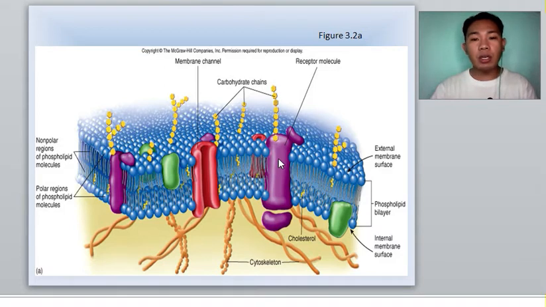This functions mainly for cell-to-cell interactions. Another important component of our cell membrane is cholesterol. Cholesterol molecules provide additional strength for the cell membrane.